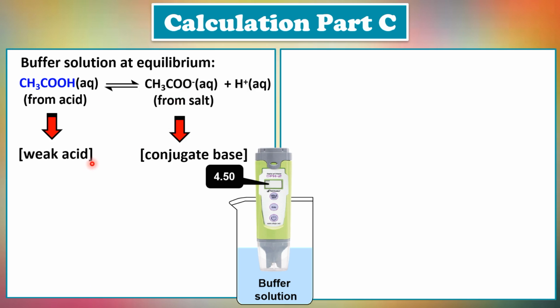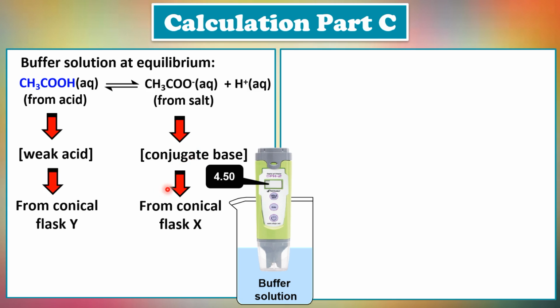You have to use the concentration from conical flask Y for the weak acid, and the concentration of the conjugate base refers to conical flask X. The values are the same here.